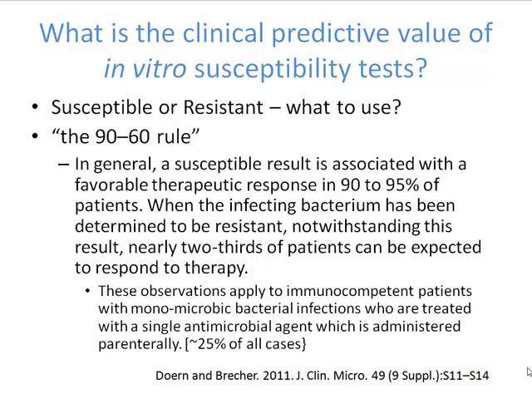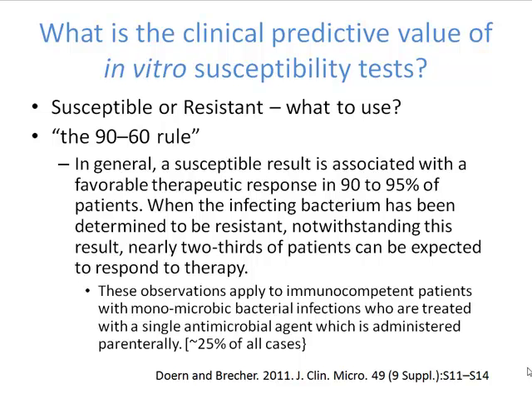The whole idea here is when a culture is sent to the laboratory, a susceptibility test is run, and based on those results, susceptible or resistant, that information translates back to the clinician, be it a veterinarian or a physician, to guide them in the selection of which antimicrobial to use for a given patient. You want to stay away from the R, the resistant, and move toward the S. Why? That's where we get into this 90-60 rule.